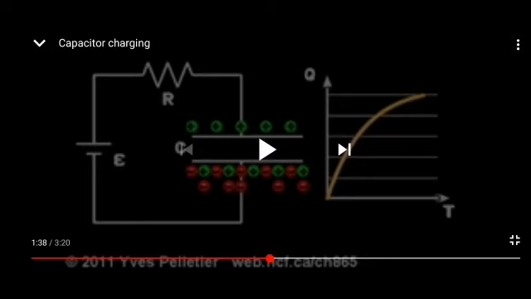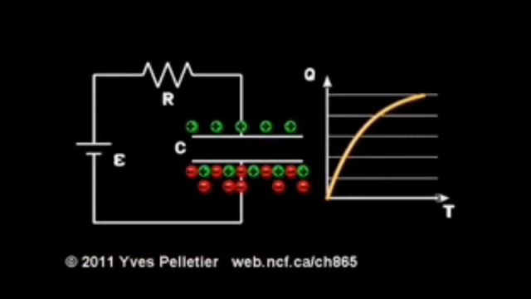Anyway, it is not very important whether positive or negative charges are moving. What is important for understanding the charging of a capacitor is this: as time increases, the upper plate loses electrons and becomes positively charged.